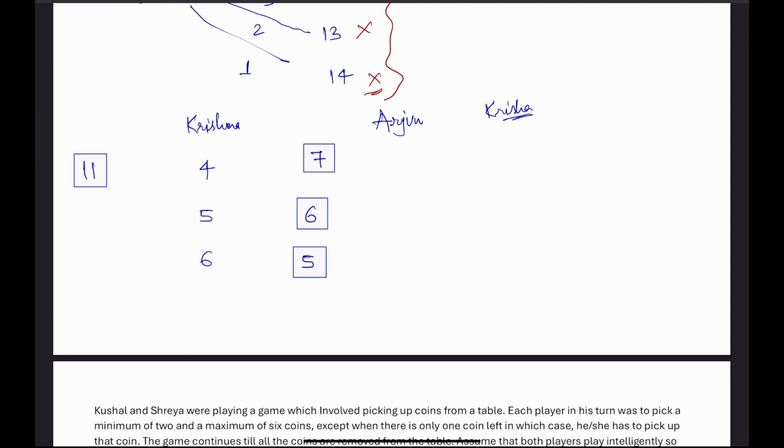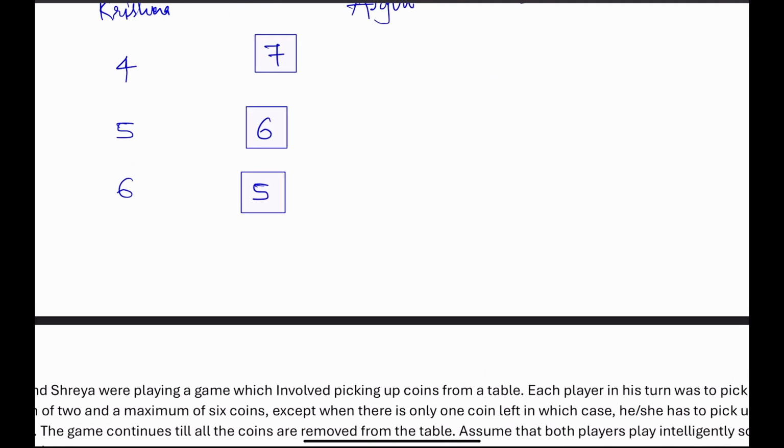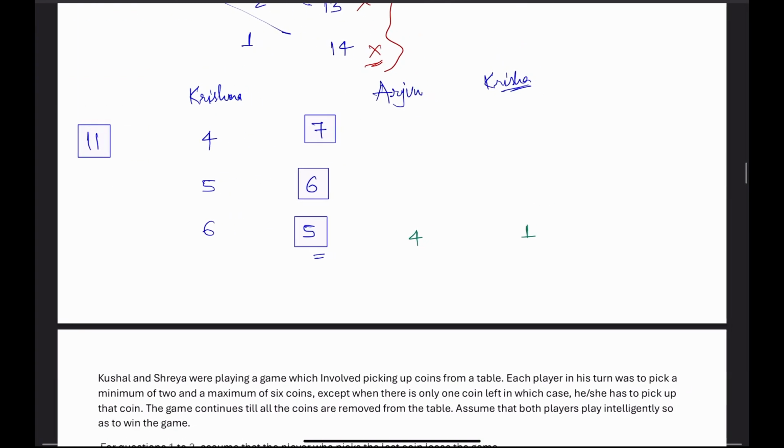Then what will Arjun say? 7 is left, so let's start from here. What can Arjun do? Arjun can pick 4 coins, and then 1 coin is left, which Krishna has to pick, because according to the rule, if there are less than 4 coins, then that person has to pick up all the coins.